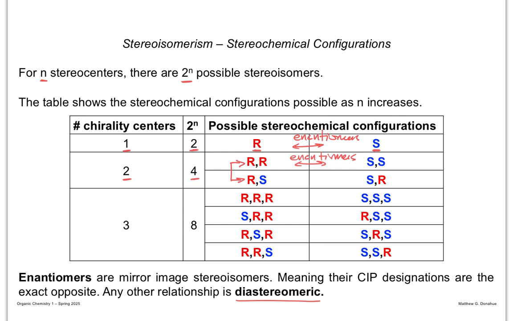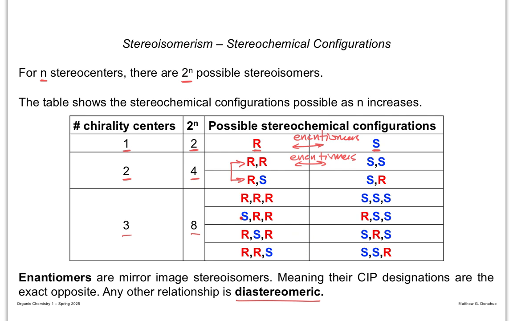So when you get up to 3, you have 8 total stereoisomers, and then you can count. So basically 8 divided by 2, that's going to give you 4 pairs of enantiomers. RRR with the enantiomer SSS. And so that's what each one of those rows is.